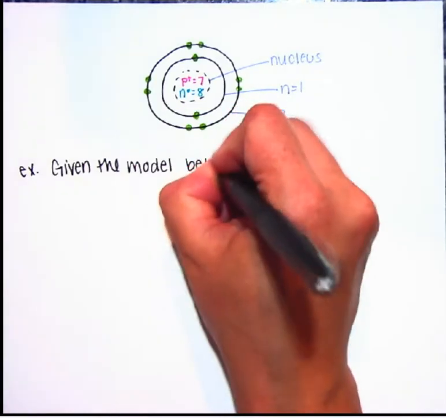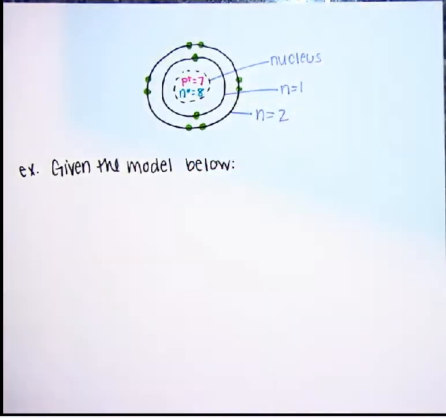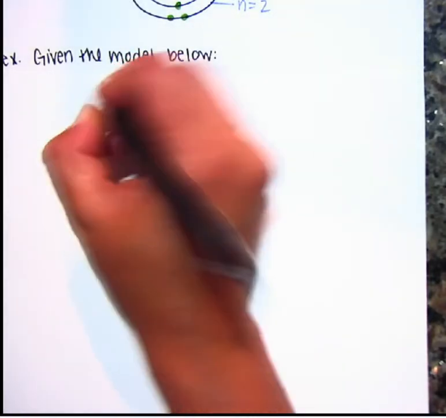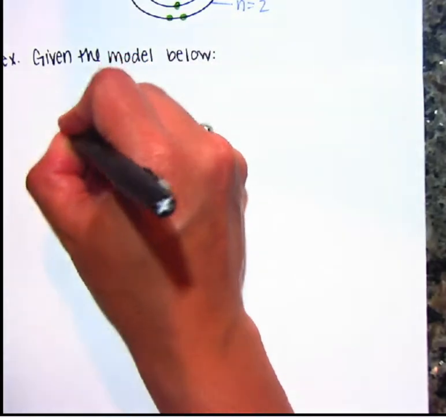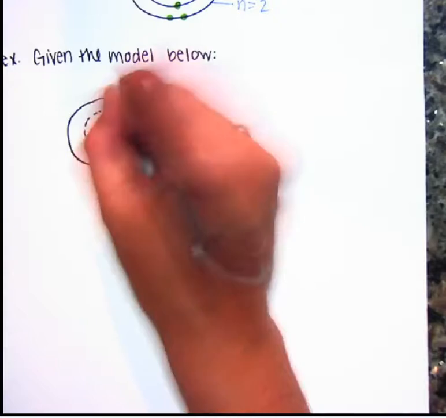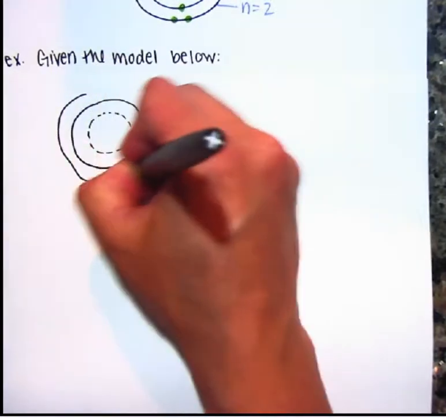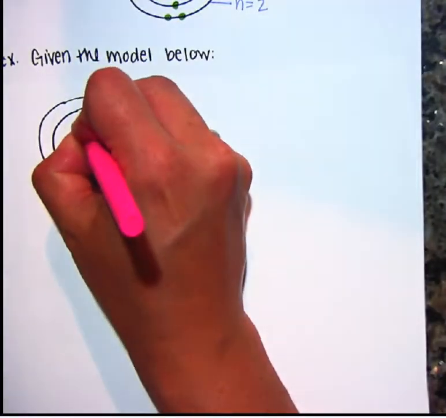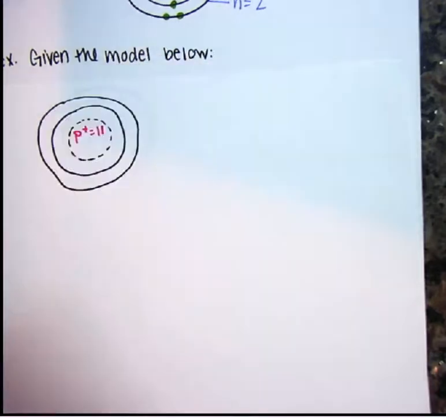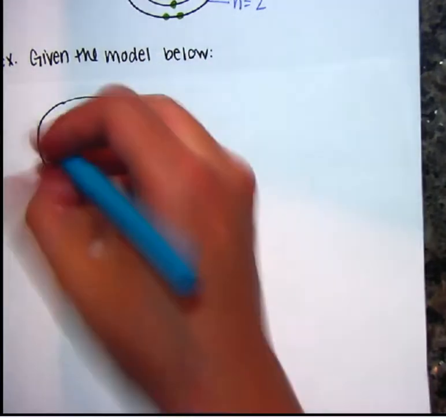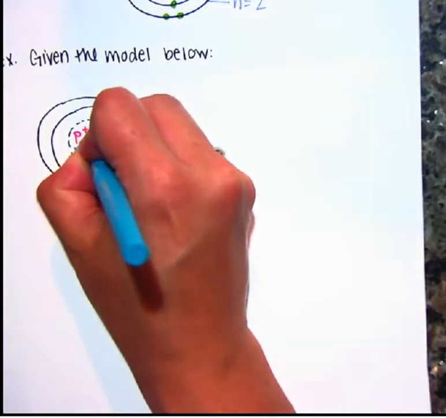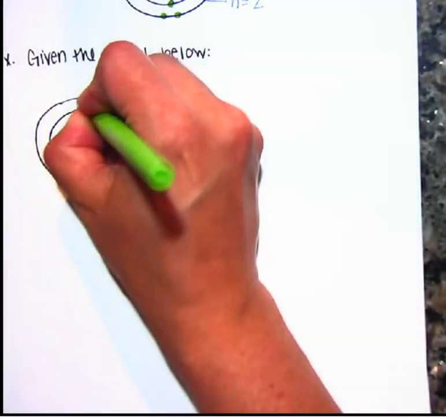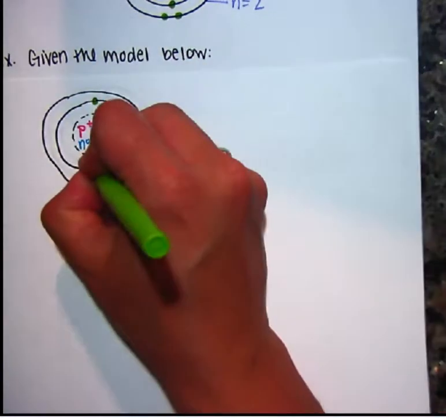So if I give you a Bohr model, you should be able to analyze it. Alright, so protons in the nucleus, neutrons in the nucleus, 11 protons, 12 neutrons. Electrons are in energy levels.